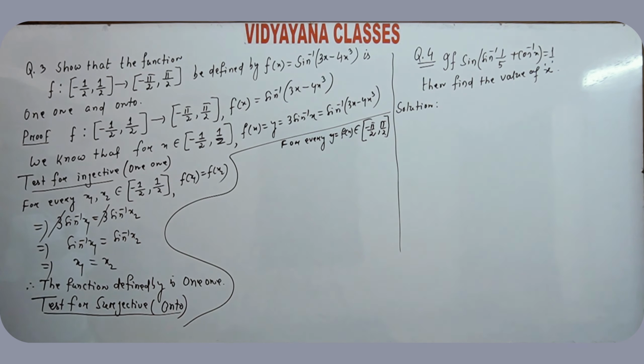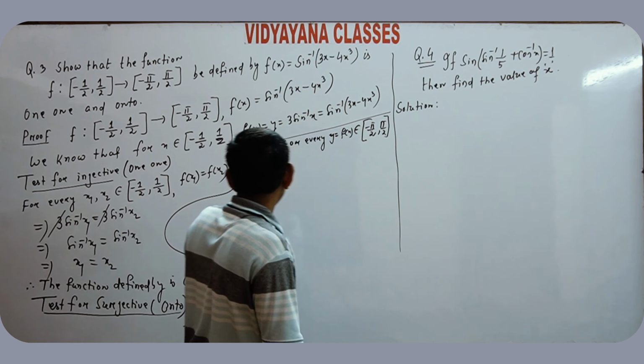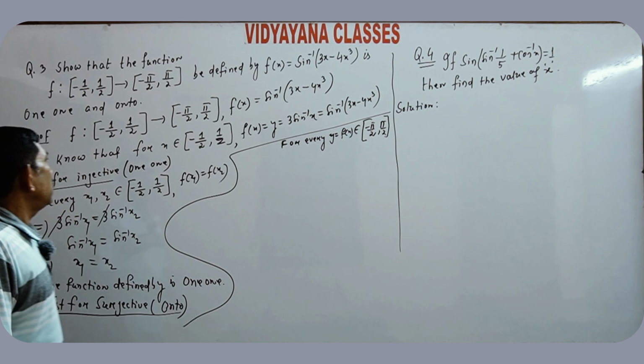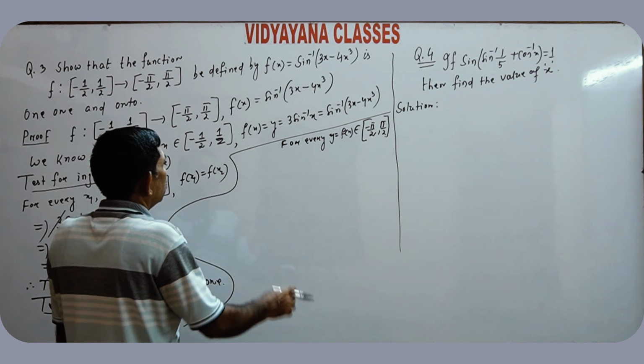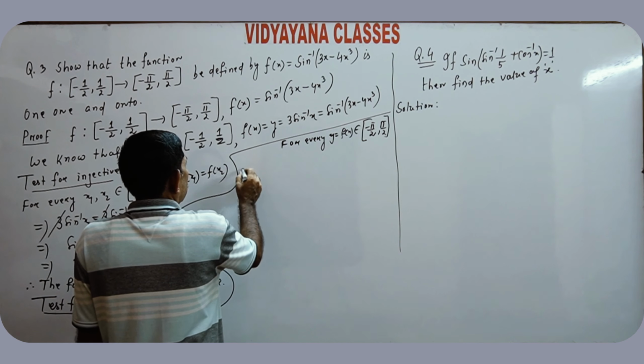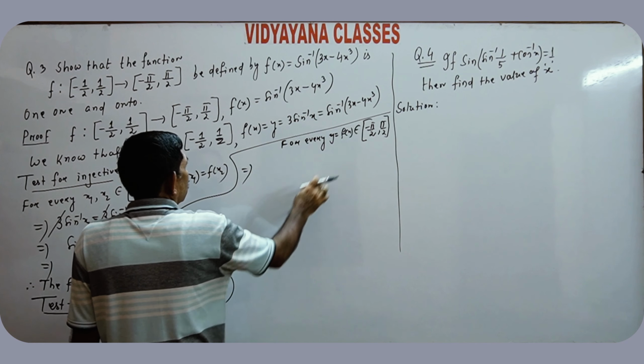For every y belongs to [-π/2, π/2], what is y or f(x)?